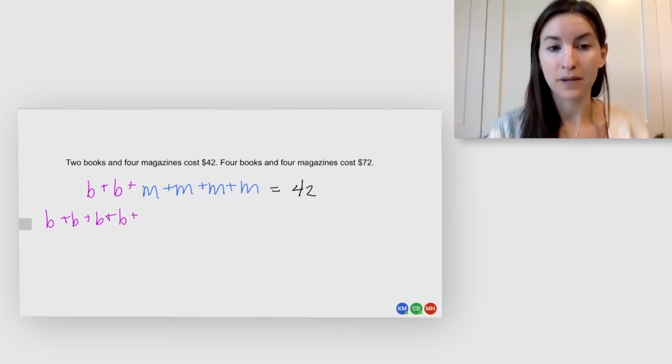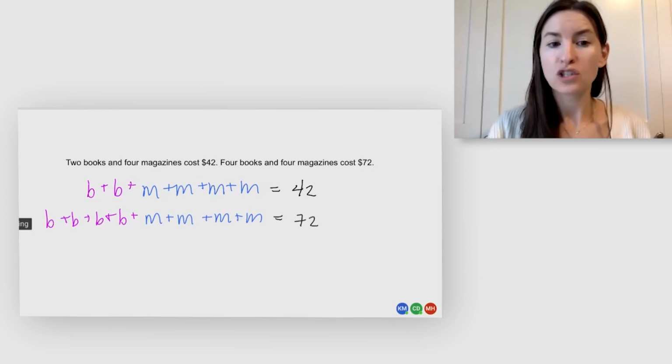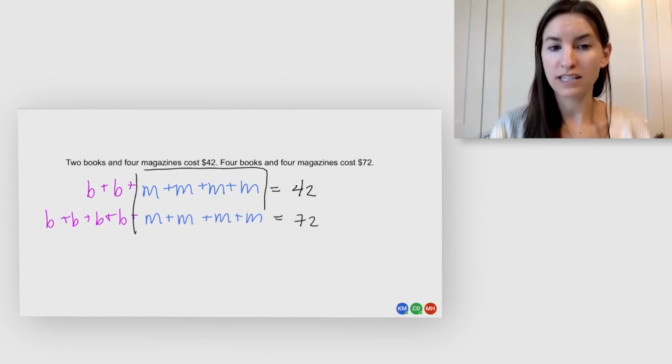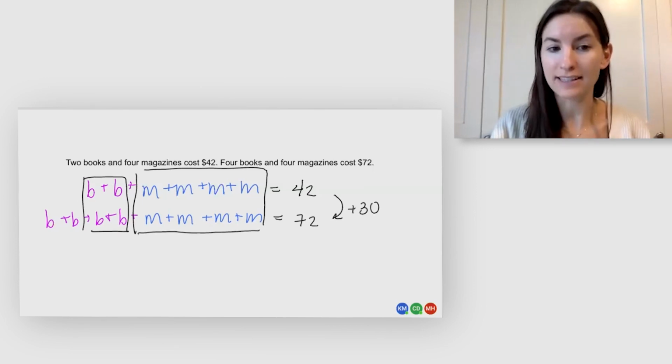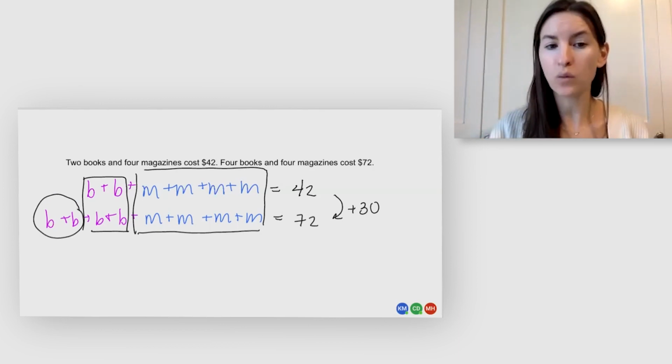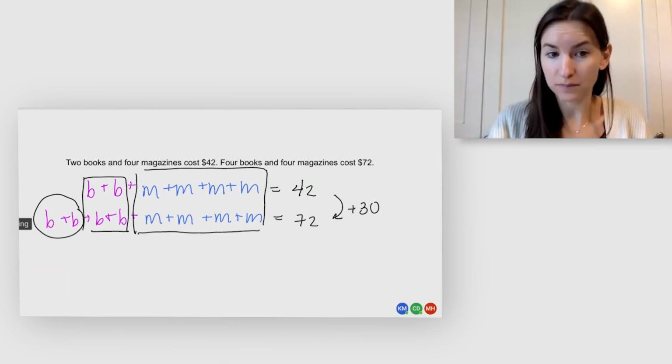In this system, both sets of objects include 4 magazines, and both sets contain at least 2 books. So the difference between the costs of these sets of objects, $30, must come from the 2 additional books in the second set. That automatically tells us there is only one possible price for the books, $15 each.